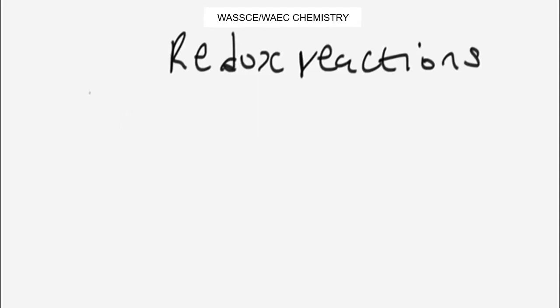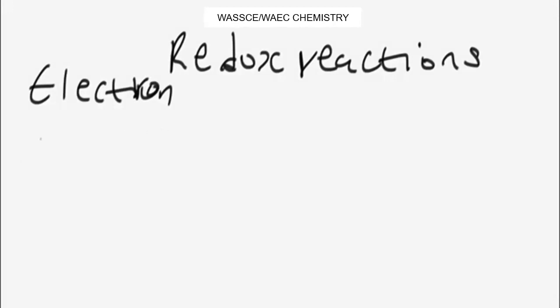Now when we treated separating metal from metal oxide, we defined oxidation reaction as addition of oxygen and reduction reaction as removal of oxygen. For the case of redox reaction, we are looking at the concept of gain or loss of electron.